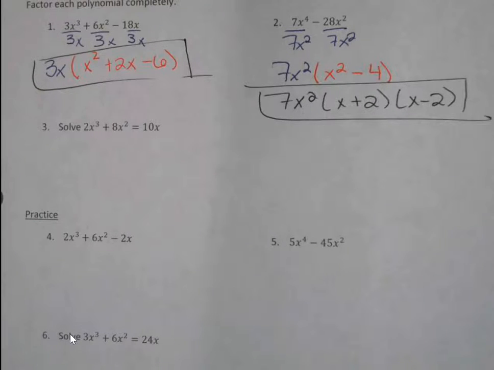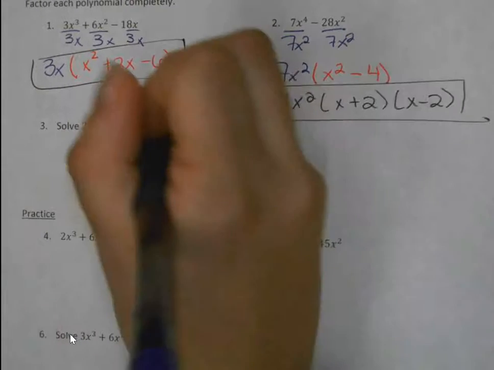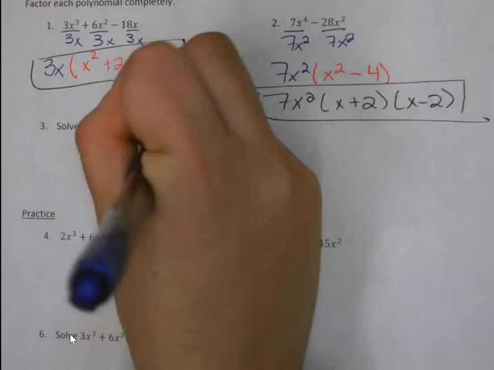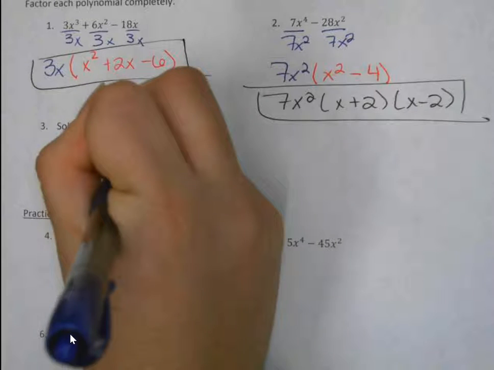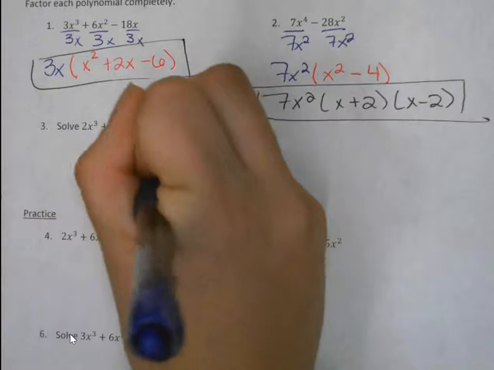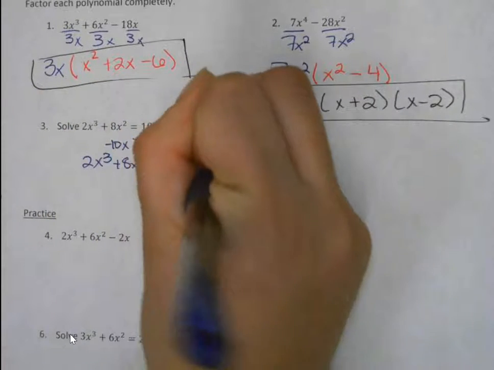Okay. On number 3, it wants me to solve. So I've got to get this equal to 0. What I'm going to do is first subtract 10x on both sides. I get 2x cubed plus 8x squared minus 10x equals 0.